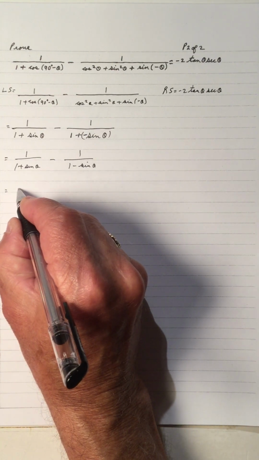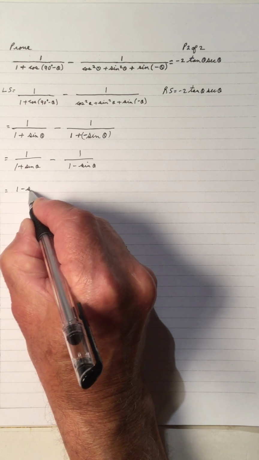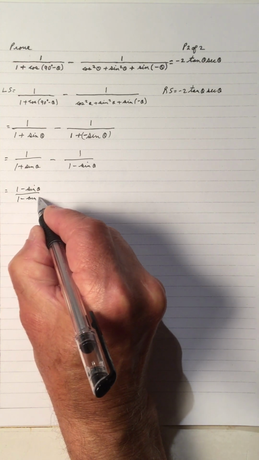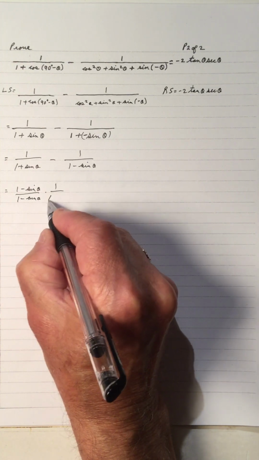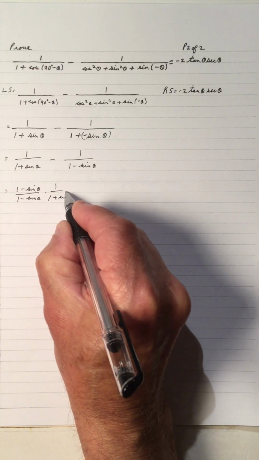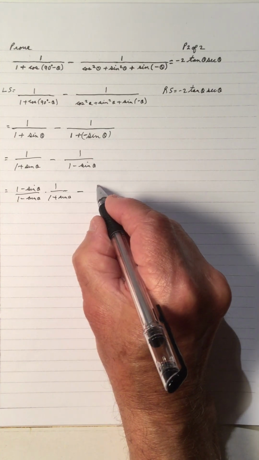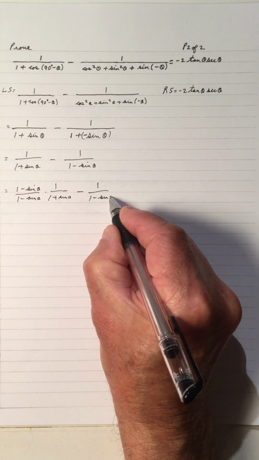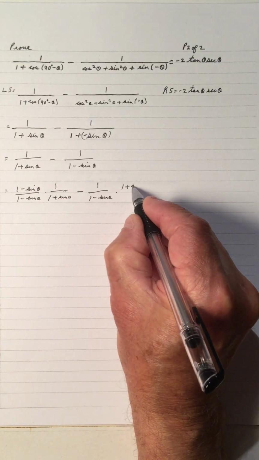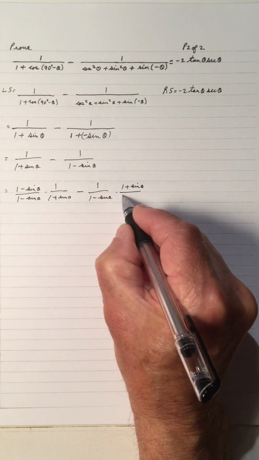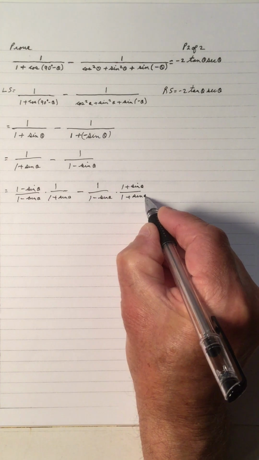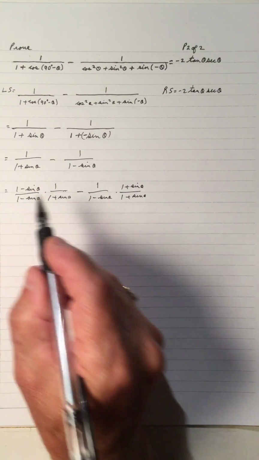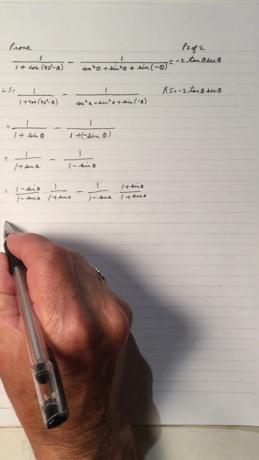So I'm going to take the first one and multiply by 1 minus sine over 1 minus sine, and I'm going to take this fraction right here and multiply it by 1 plus sine theta. Multiplying by 1 minus sine theta over itself is the same as 1, so we're making equivalent fractions.